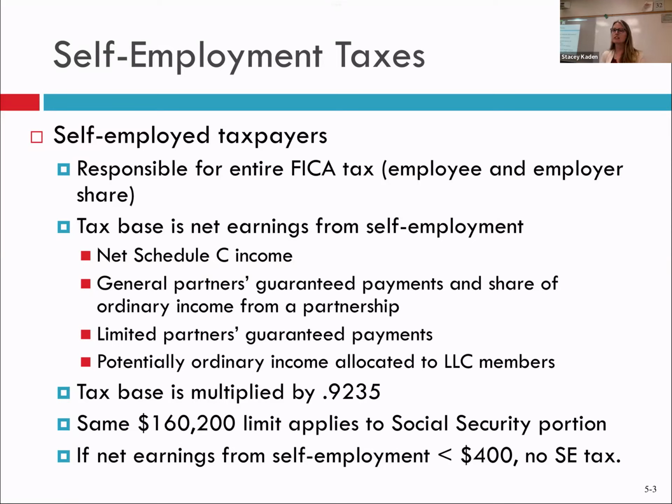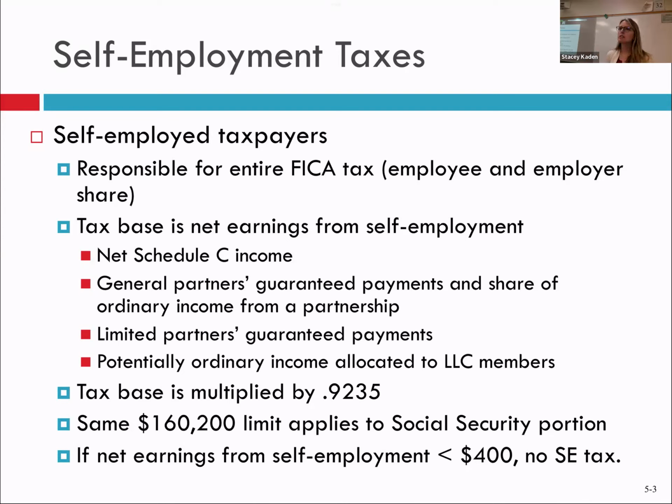All right, and the way that we're going to calculate that is you're going to figure out what is subject to self-employment tax. Not all income is subject to self-employment tax. It's only income generated from your work, essentially. And so that would be the net income from a Schedule C. It would be flow through from a pass through if you're acting like a general partner, if you're active in it, flow through ordinary income, and any guaranteed payments.